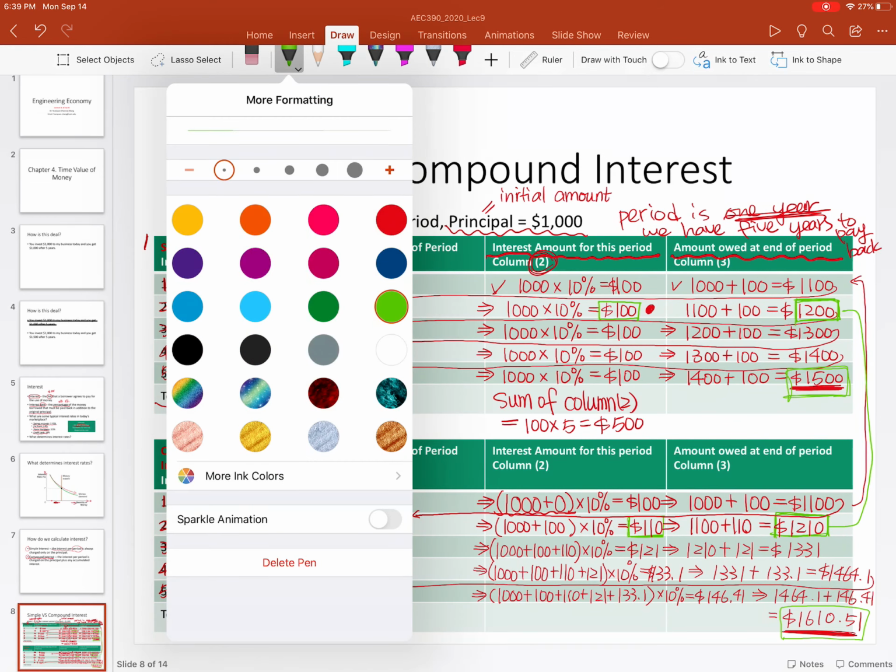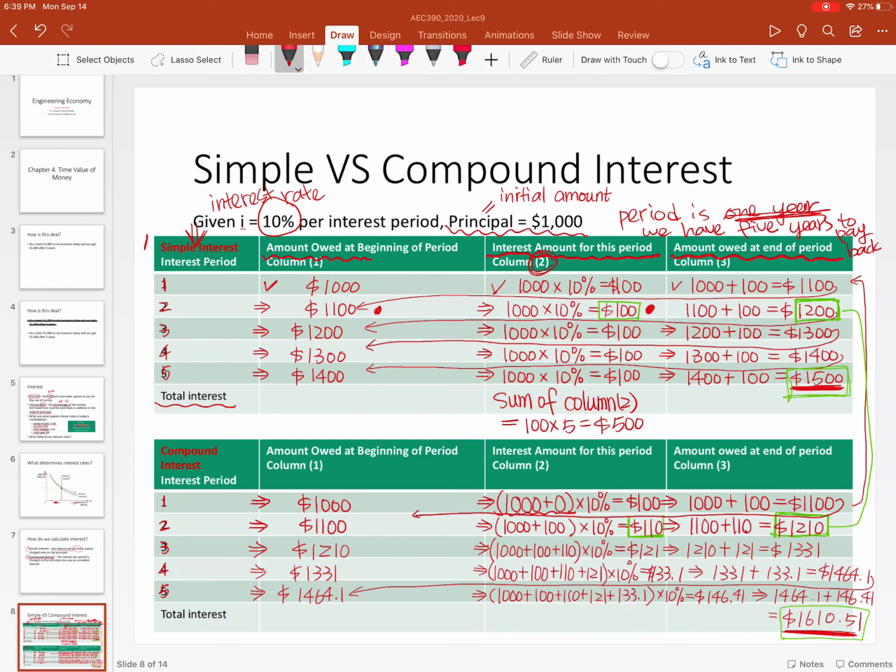Okay, now let's calculate the total interest for the compound interest. So the sum of all of this interest will be 100 plus 110 plus 121 plus 133.1 plus 146.41. How much?